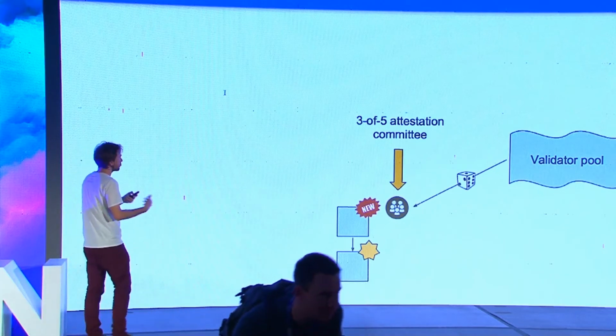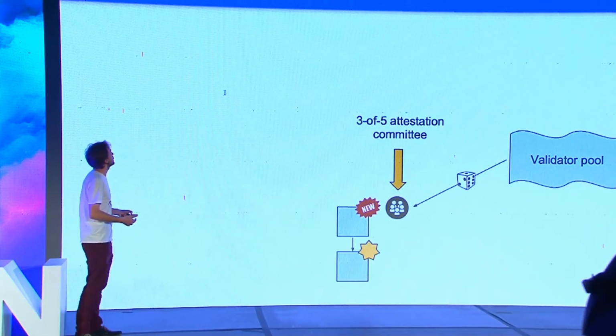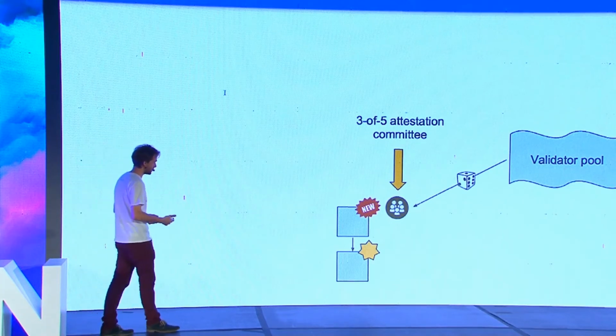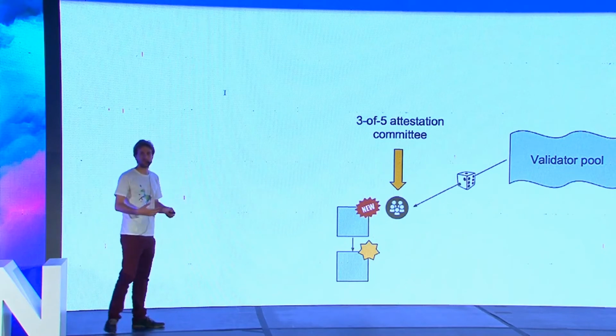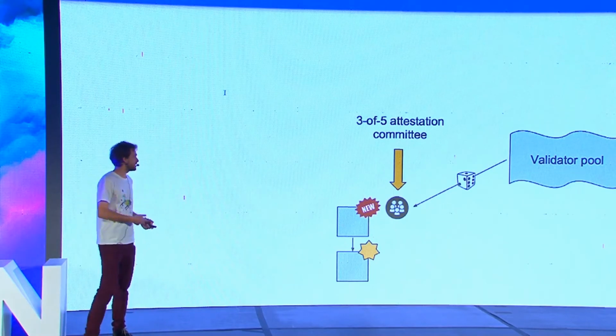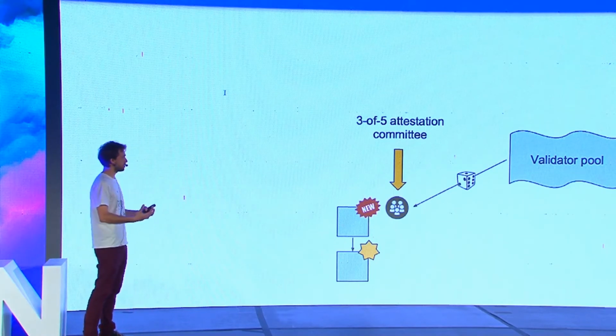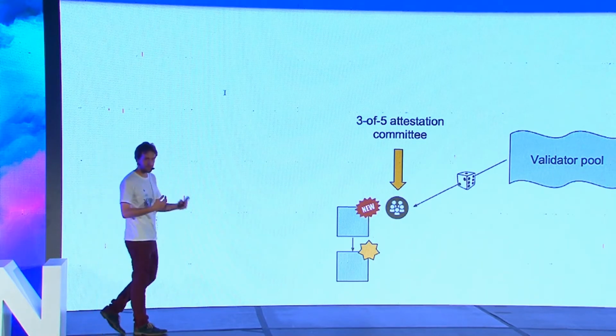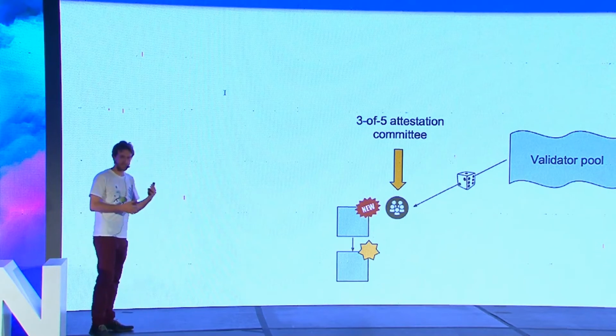Okay, so the second process is what we call attestation. The idea of attestation is, as a proposer, we don't want to give you single-handedly access to extending the blockchain. We want to add friction, especially against malicious behavior.